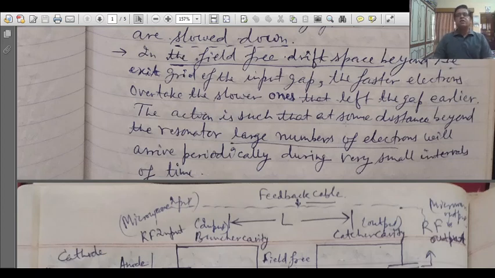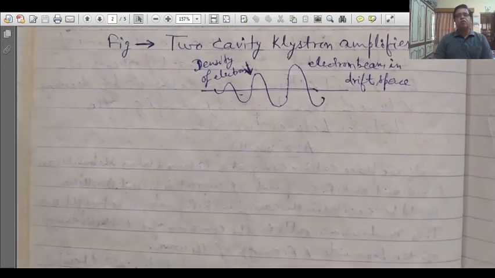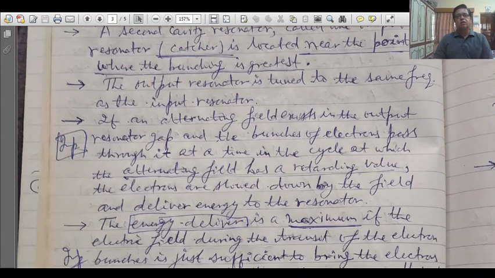Some distance beyond the resonator, a large number of electrons will arrive periodically during very small intervals. If faster electrons cross the slower electrons, somewhere a bunch of electrons forms. This is known as bunching of electrons, and it happens because of velocity modulation.